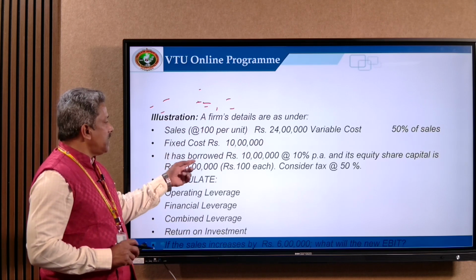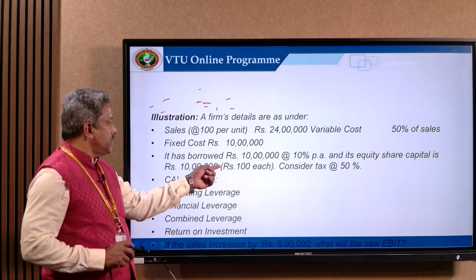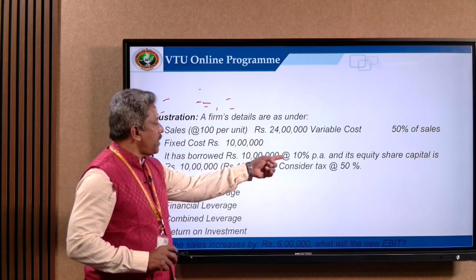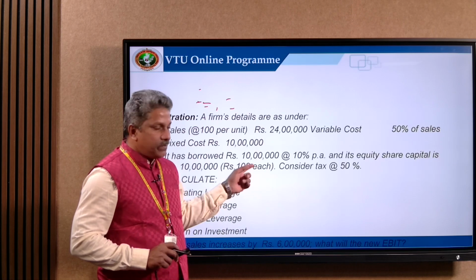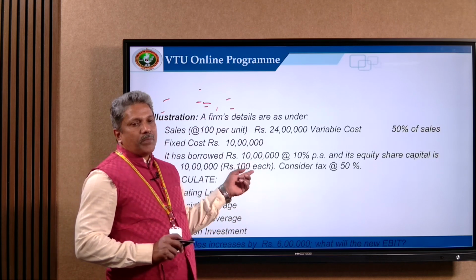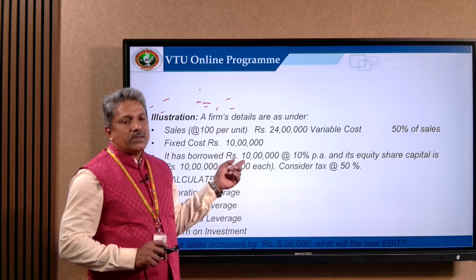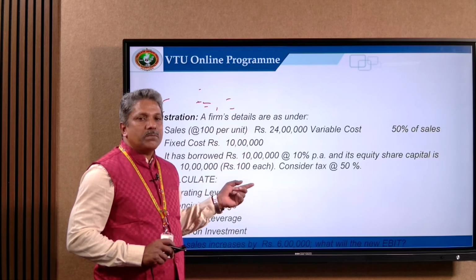Then from that EBIT, what needs to be deducted? Interest needs to be deducted, EBIT minus interest. How much is the interest? 10% of 10 lakhs rupees is the interest, because borrowed fund is 10 lakhs at the rate of 10%. So, 10% of 10 lakhs needs to be deducted as interest, then we get earnings before tax.